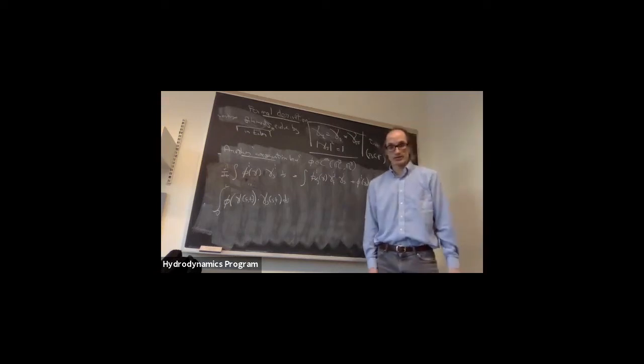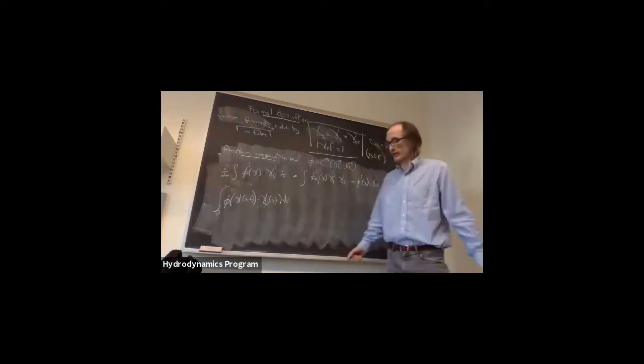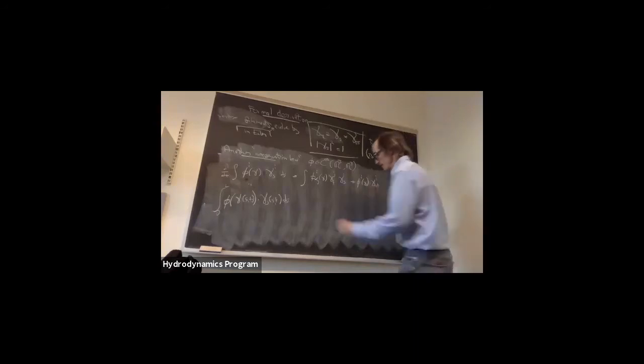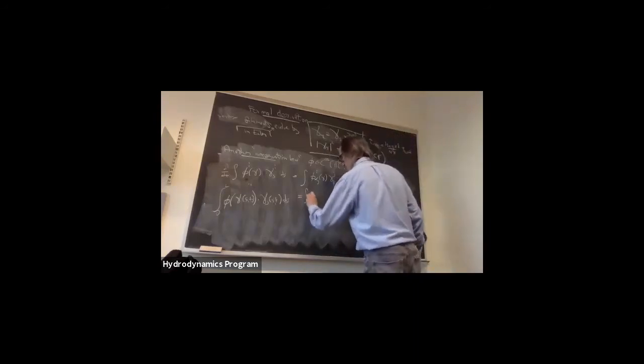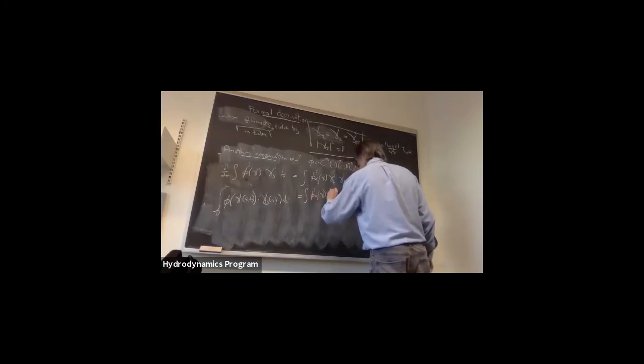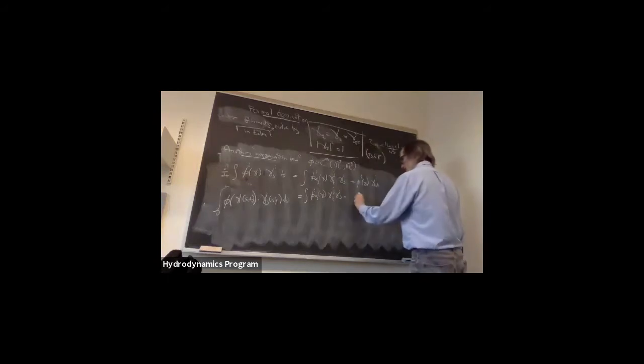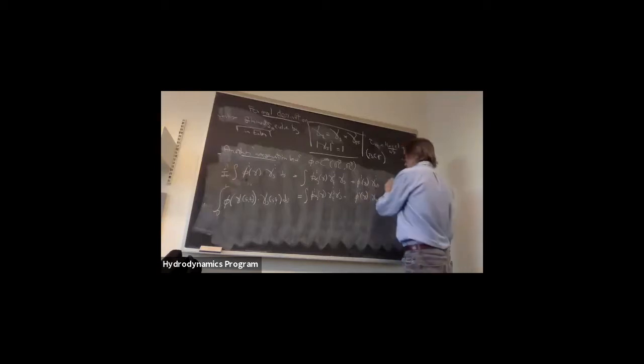And because I'm an analyst, I have only one thing to do: I integrate by parts there. So the first term stays the same. And then I can integrate by parts in the S variable.